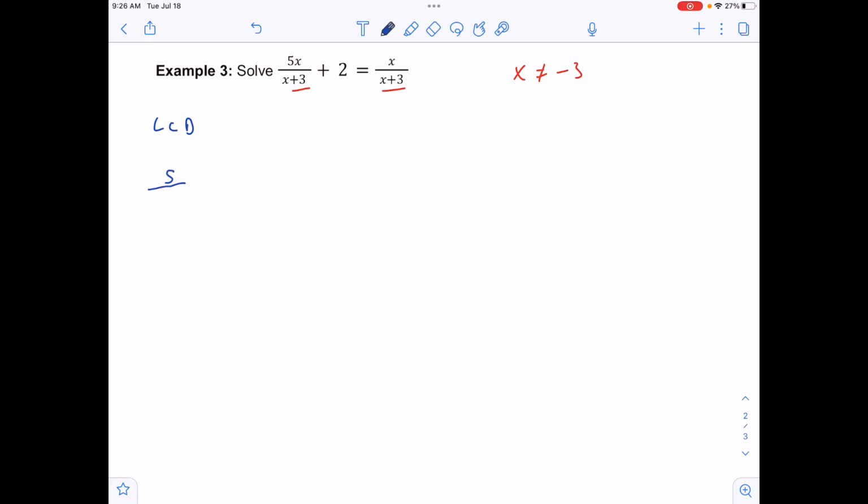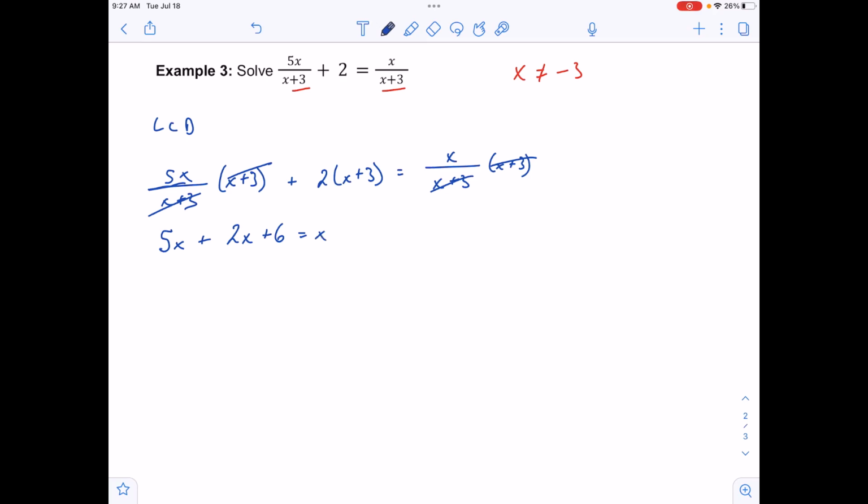So we'll have a 5x over x plus 3 times x plus 3 plus 2 times x plus 3 is equal to x over x plus 3 times x plus 3. My x plus 3's cancel out for both of the fractions, leaving me with 5x plus, I'll distribute out that bracket, so that'll be 2x plus 6 is just equal to x.